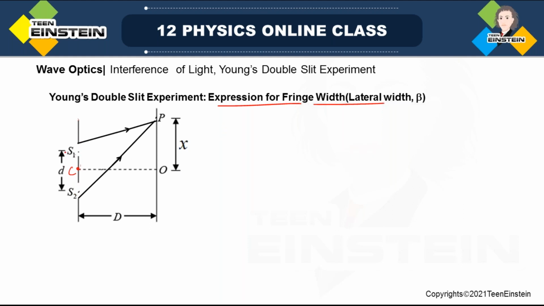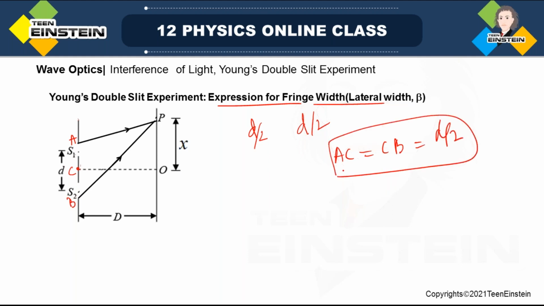This is called, sorry, not slit width, this is called the separation between the slits. So this line CO is dividing this into two halves, D by 2 and D by 2. If I give some names, suppose AC and CB here, AC and CB are both of equal width, that is D by 2.